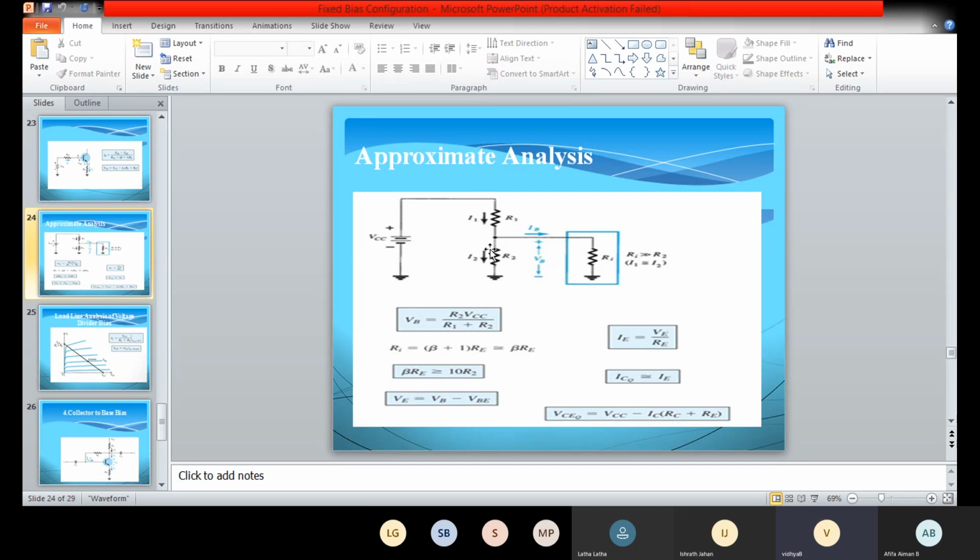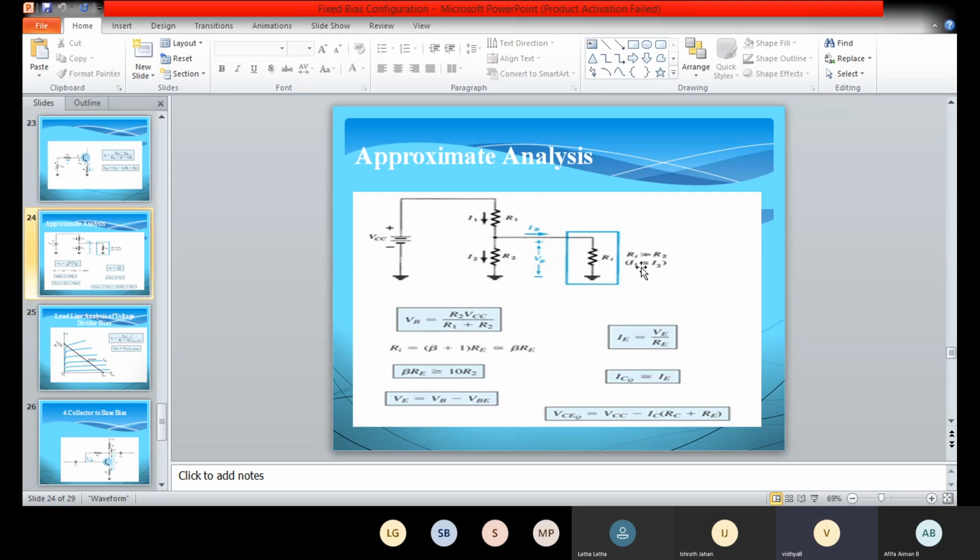You can see this input resistance that we will take here as Ri. The resistance Ri is the equivalent resistance between base and ground for a transistor with an emitter resistor RE.